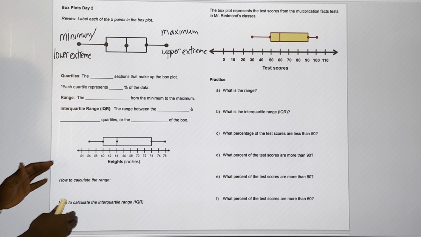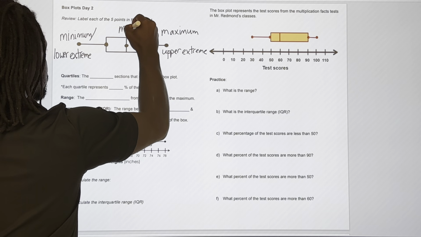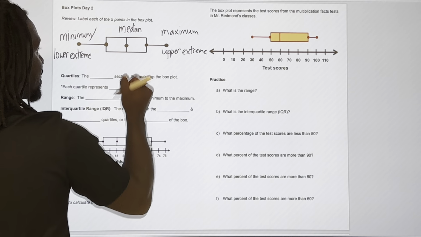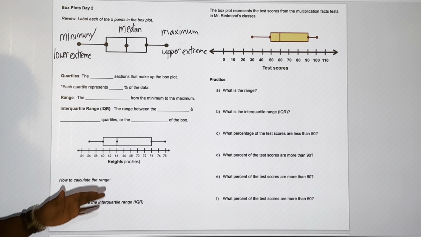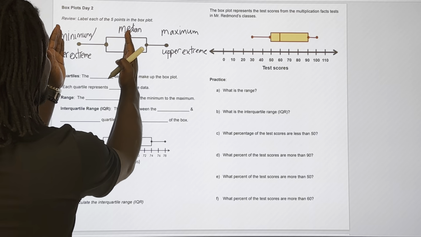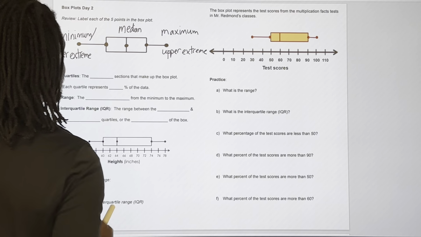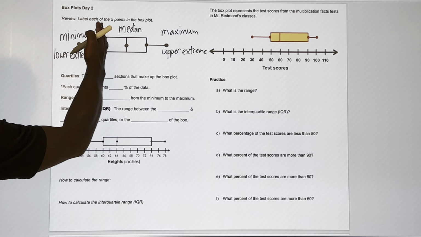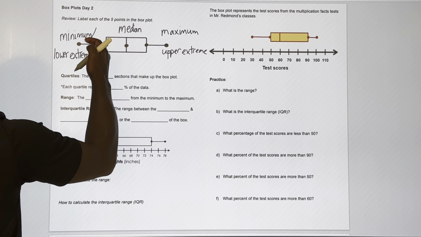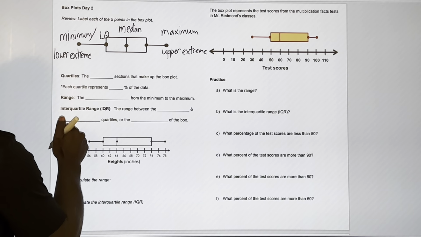And then, in the middle of our box plot, we know that is the median. Once we have our median, that divides our data into two sides. We have the lower half, then we have the upper half. The median, or the middle number, of the lower half is called the lower quartile, LQ for short.